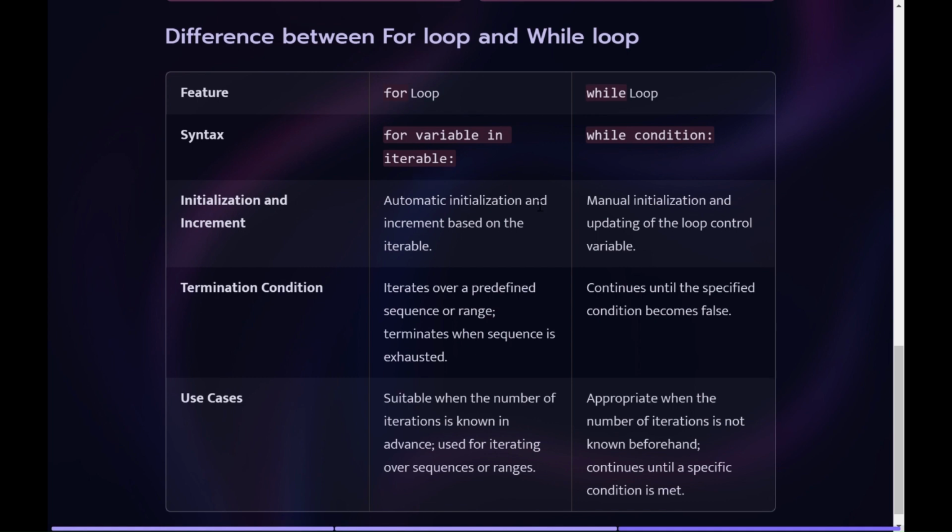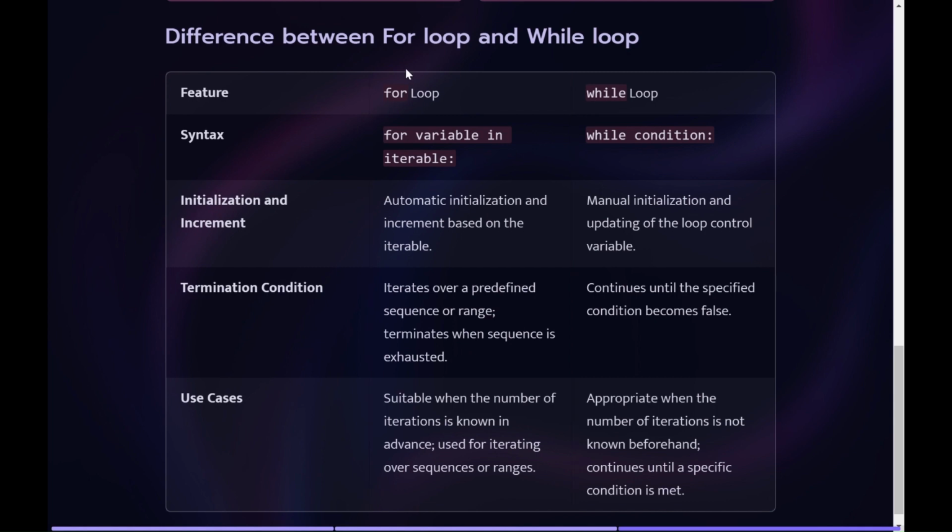Say there are no more elements in the sequence, it runs till that. So it is automatically initialized, and incrementation is default in for loop as 1, and the termination condition is where there are no more elements in the sequence. So it is all predefined in the for loop.